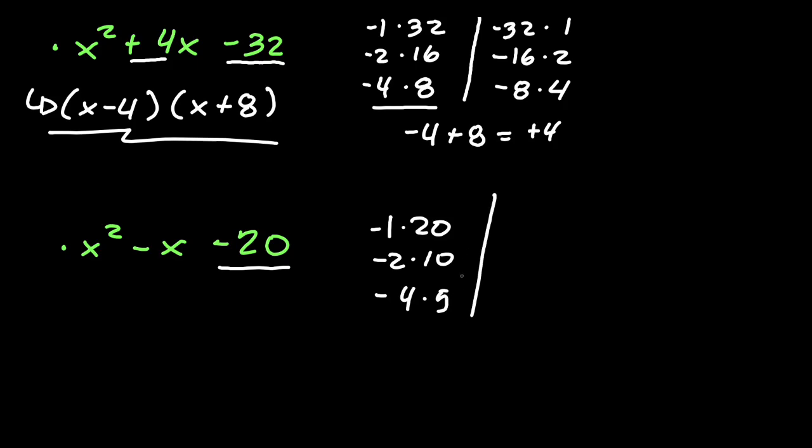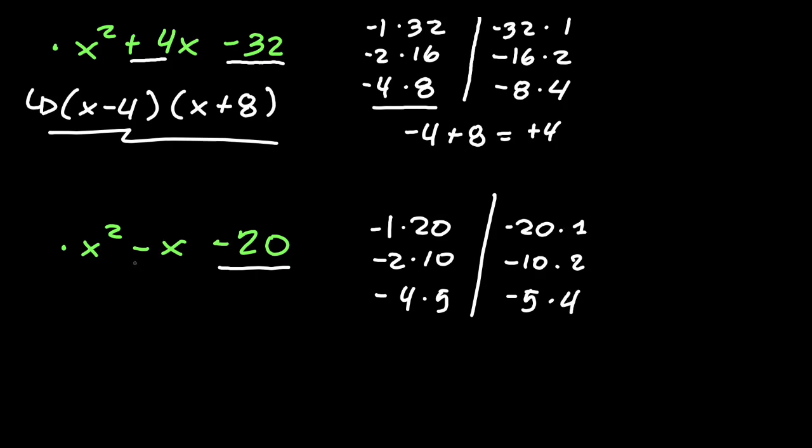The same could also work in reverse, which would be negative 20 times 1, negative 10 times 2, and negative 5 times 4.